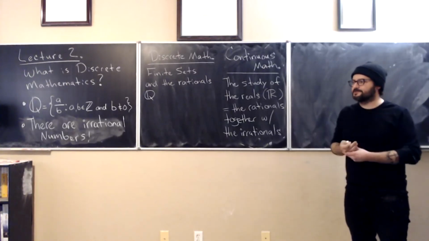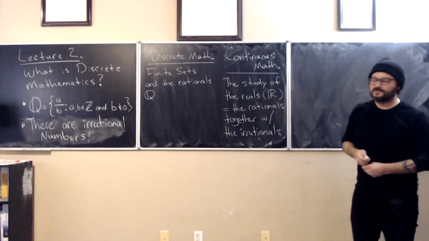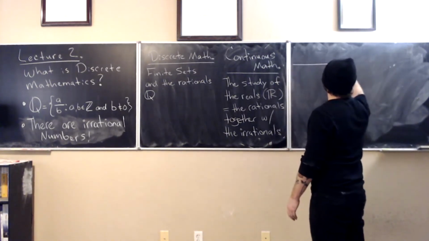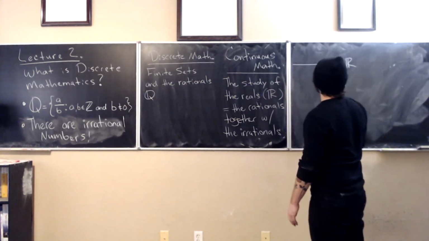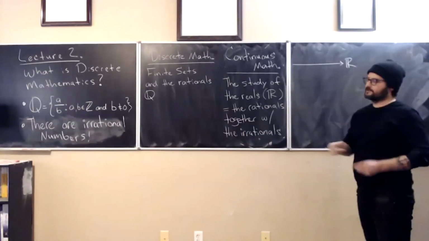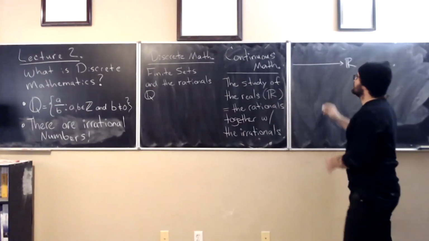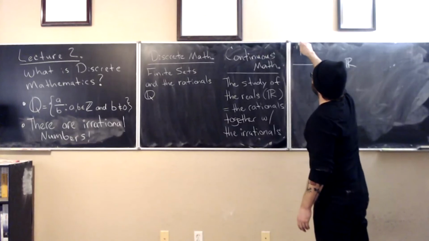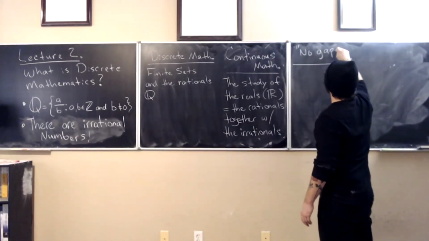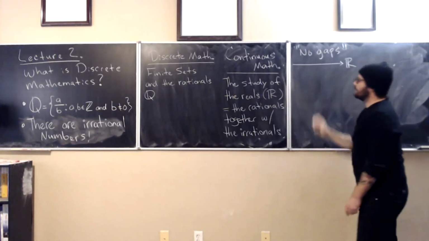I'll say that just to not get into the details of it. But basically what it means is that there are no holes, no gaps, on the real number line consisting of all the reals.